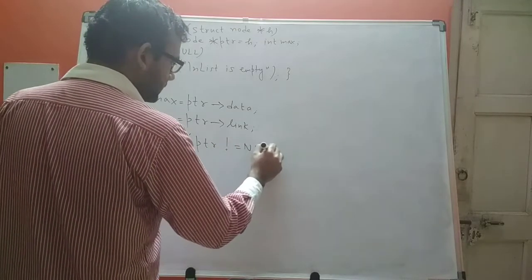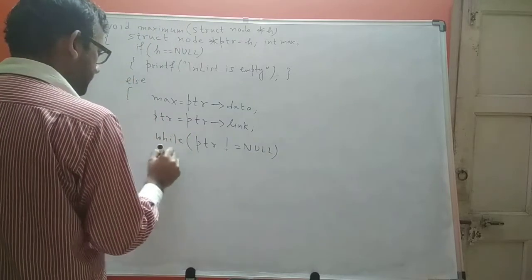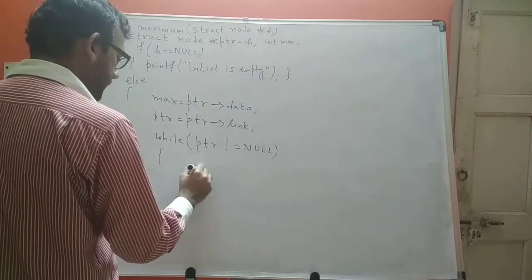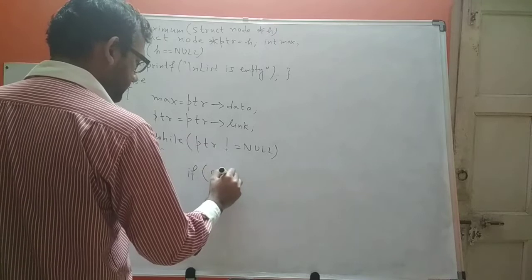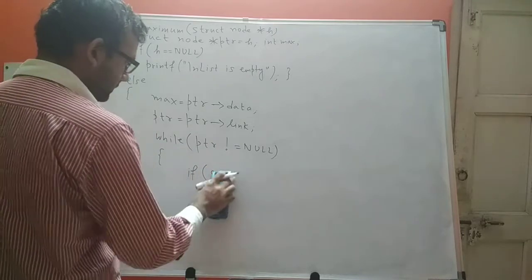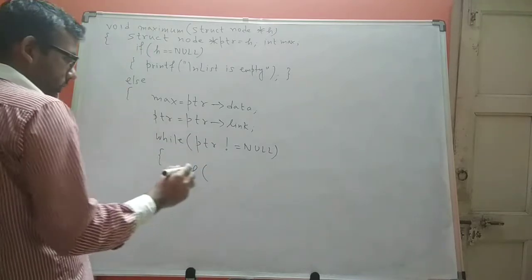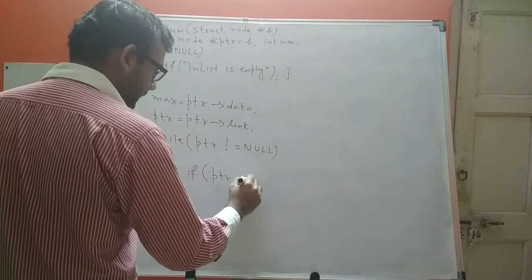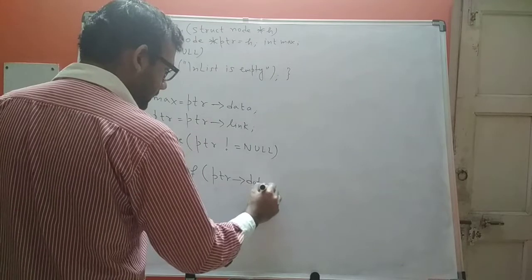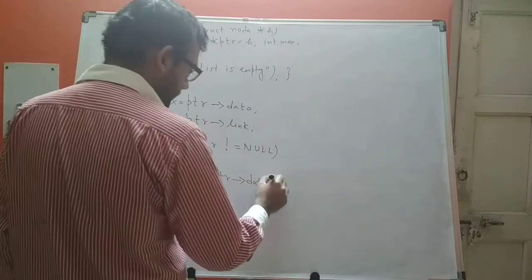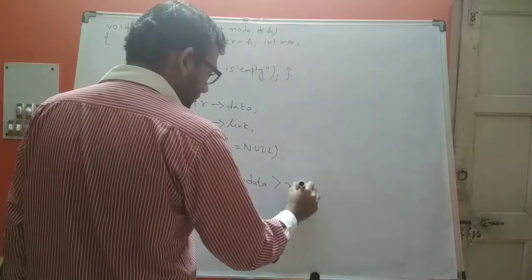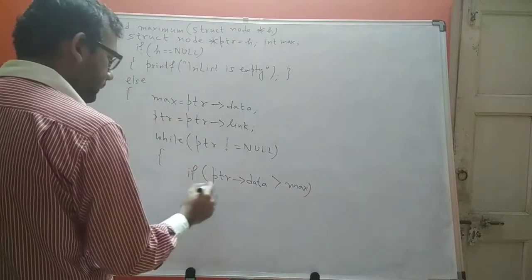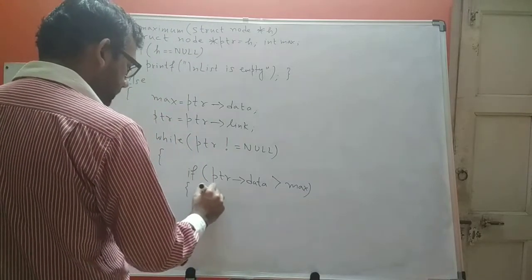So I'll say while ptr is not equal to null, I'll check if the data part of the current node, which I get through ptr, happens to be greater than my assumed maximum. What will I do? I'll simply update my maximum.